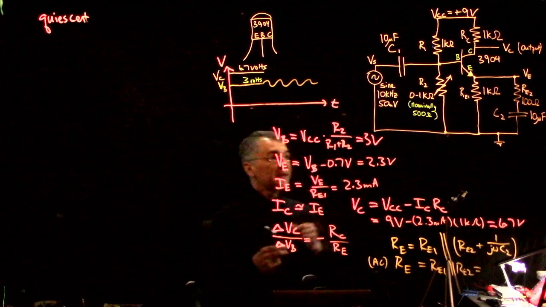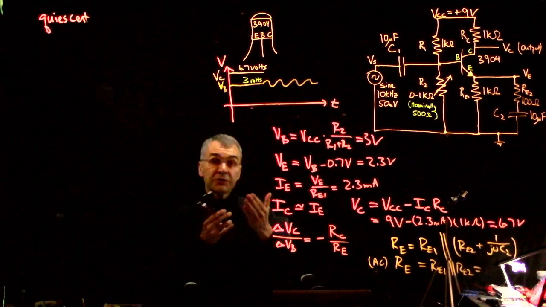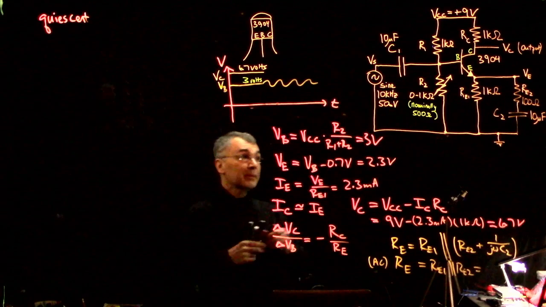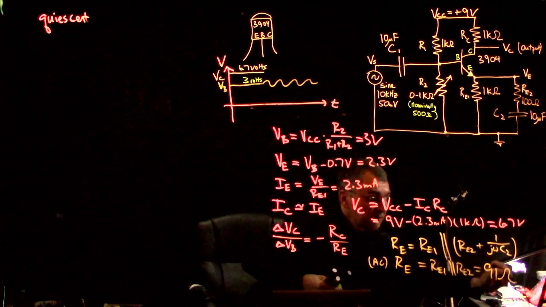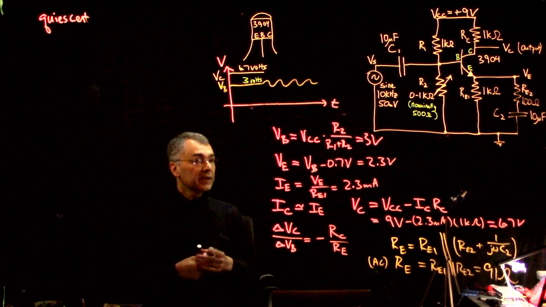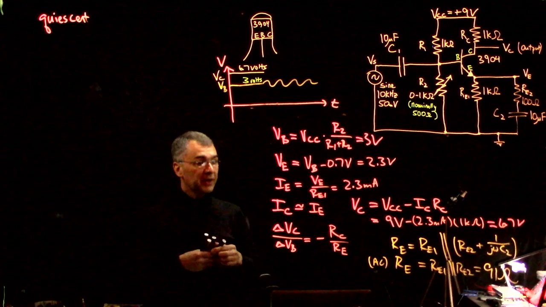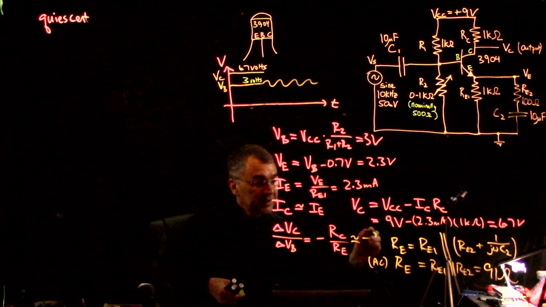Remember, 1,000 parallel 100 is 100 minus about 10%, so about 90, I think it's 91 ohms. So we expect the gain to be about minus 9.